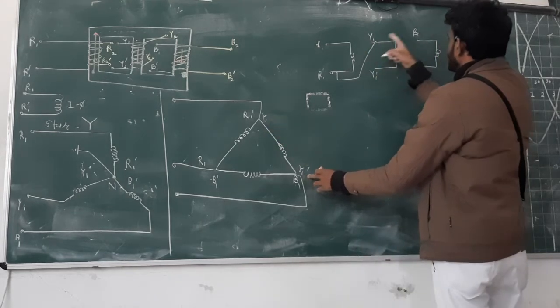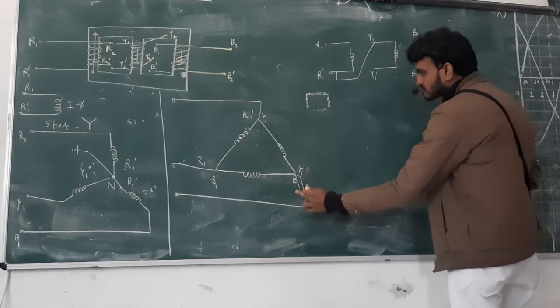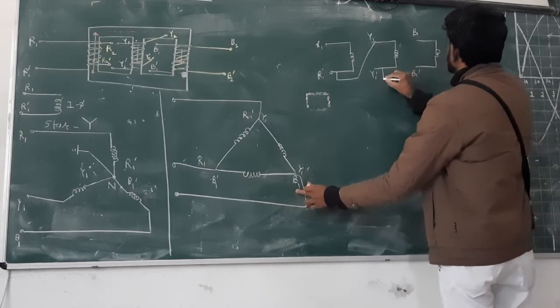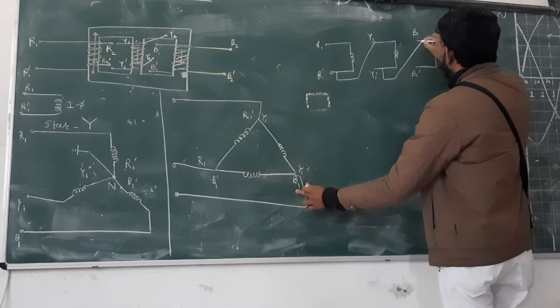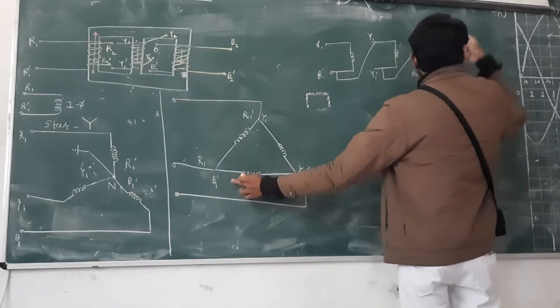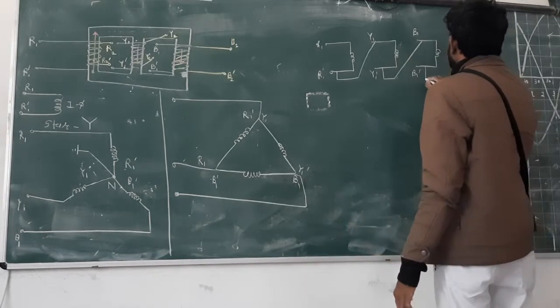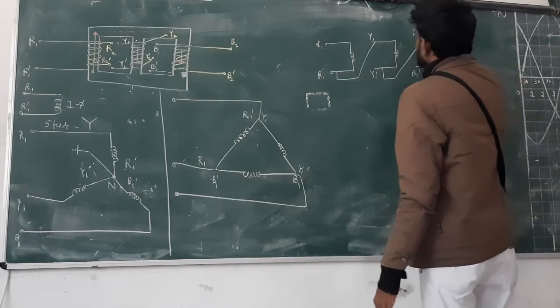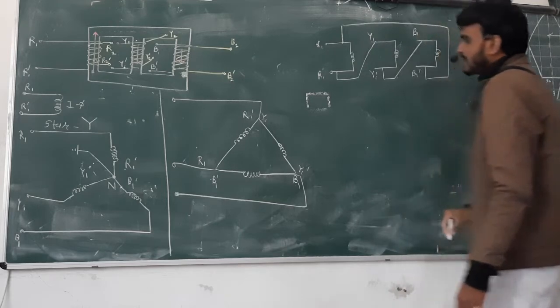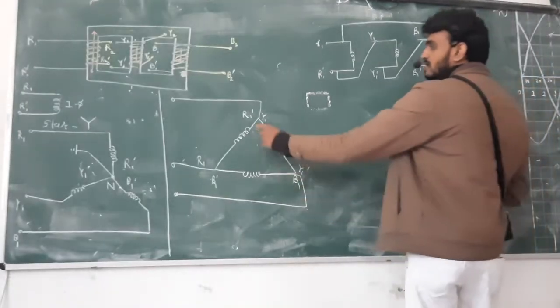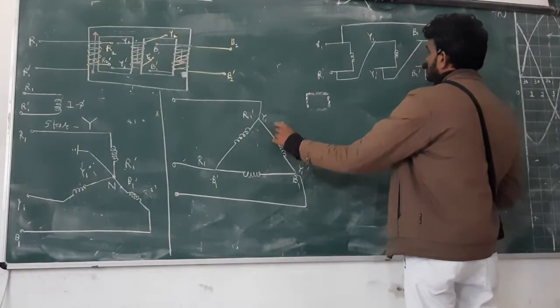Y1 dash is already connected. Y1 dash connects to the B1. B1 dash is already connected. B1 dash to the R1. And then take the common terminal.